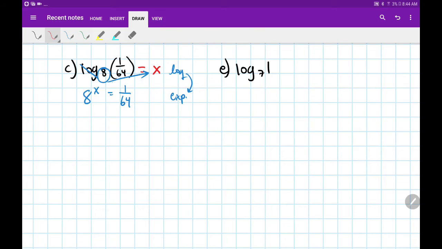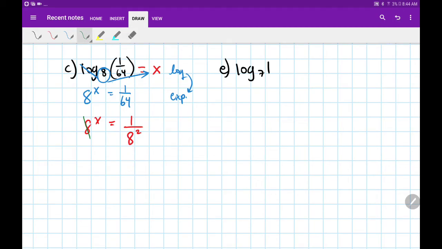Well, between 8 and 64, I can express both as powers of 8. So on the left, I have 8 to the x equals. On the right, I have 1 over 8 squared. Now, if you remember the rules from 6.2, we're not allowed to have fractions. So it would be incorrect to cross these out and say x equals 2. That's wrong.